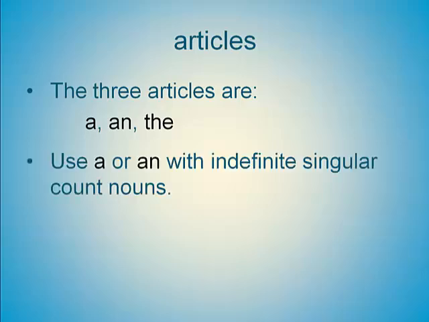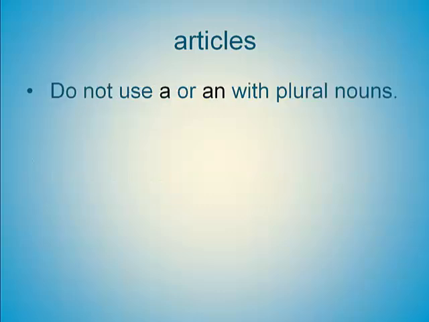Let's look back now on what we've talked about. There are 3 articles, a, an, and the. We use a or an when we talk about indefinite, singular count nouns. We do not use a or an with plural nouns.